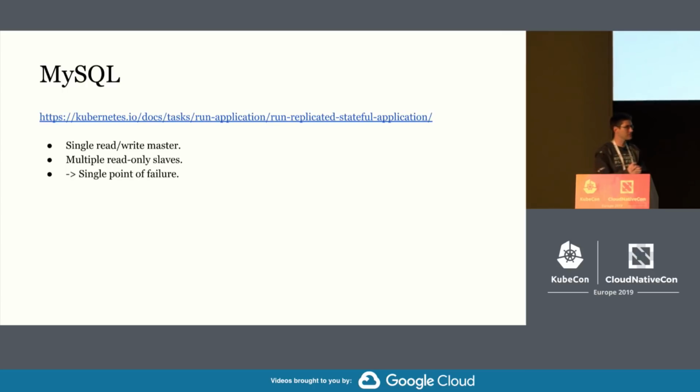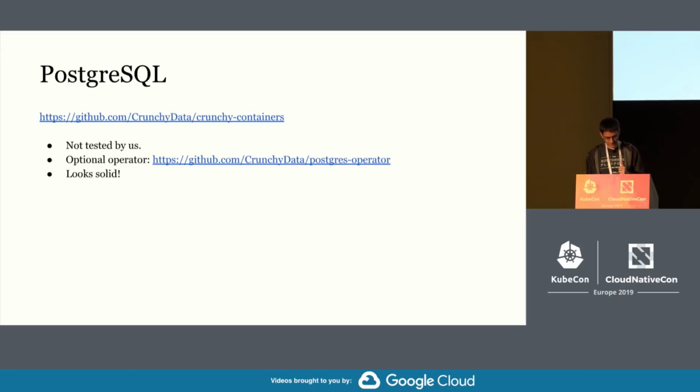You can maybe find a use case where it could scale for you, but in this example, it will create just the master as read-write, and all the others are just slaves. Maybe you can also find a different StatefulSet for MySQL. I didn't find them, but I didn't try hard enough, I confess.